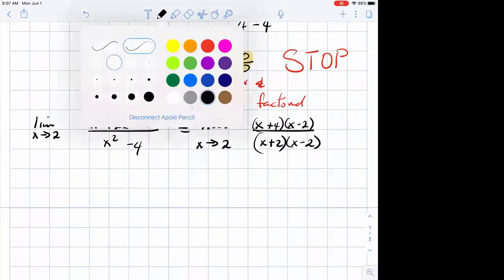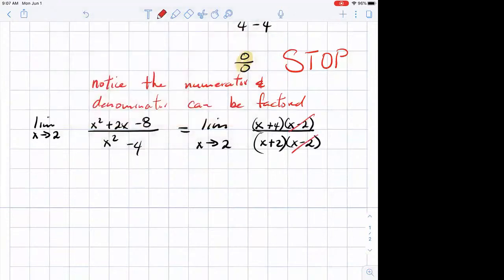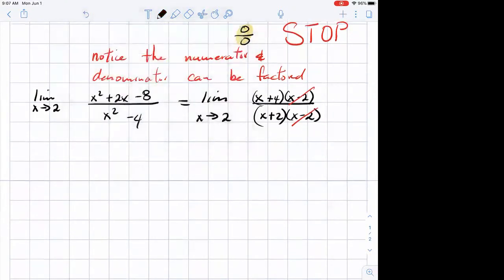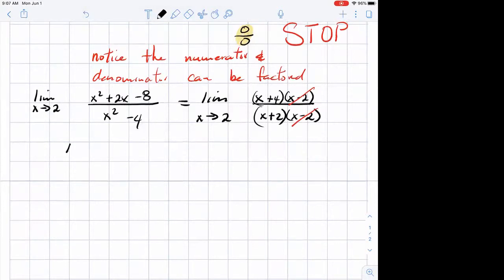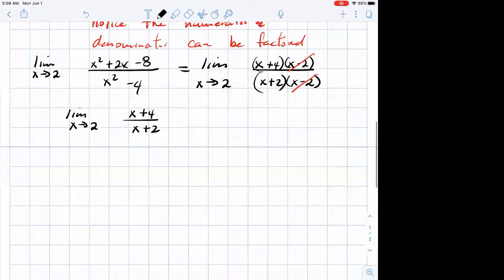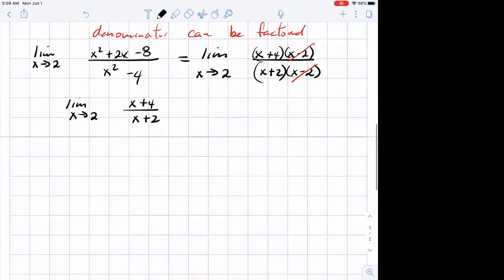So now notice that this can be canceled with that. What are we left with? The limit as x approaches 2 of x plus 4 over x plus 2. And now if you do a direct plug-in, the limit as x approaches 2 will be 2 plus 4 over 2 plus 2, which is 6 over 4, so that is 3 halves.